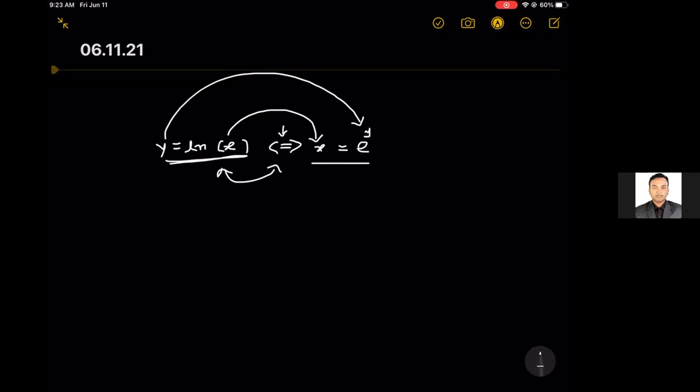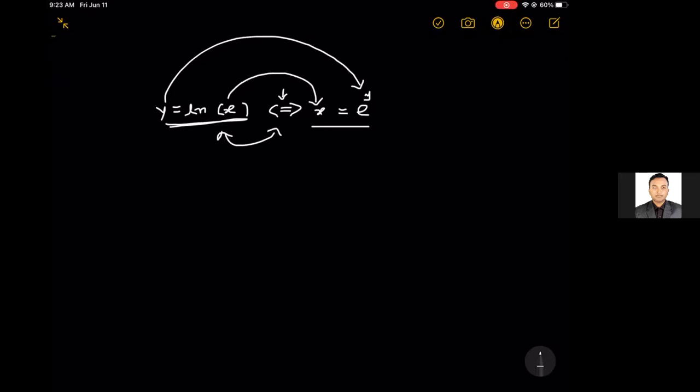And let me show how it works. Let's say you have natural log of x equals 3. Let's just say, and we're trying to solve it for x.